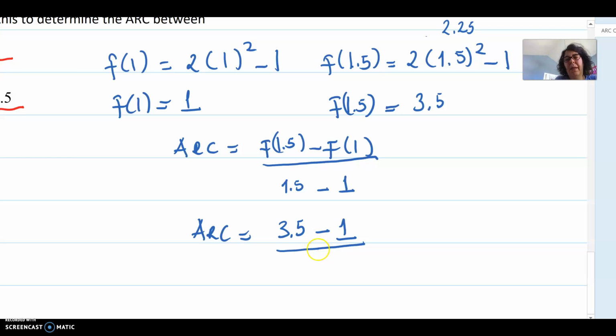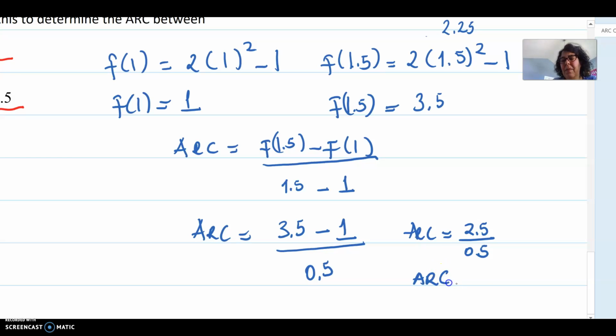Okay. That will be over 0.5. So average rate of change will be equal to 2.5 over 0.5. Let's see. 1.5 times 1.5 is 2.25 times 2 is 4.5, minus 1 is 3.5. 3.5 minus 1, 2.5. Divide by 0.5. Yeah, 5.